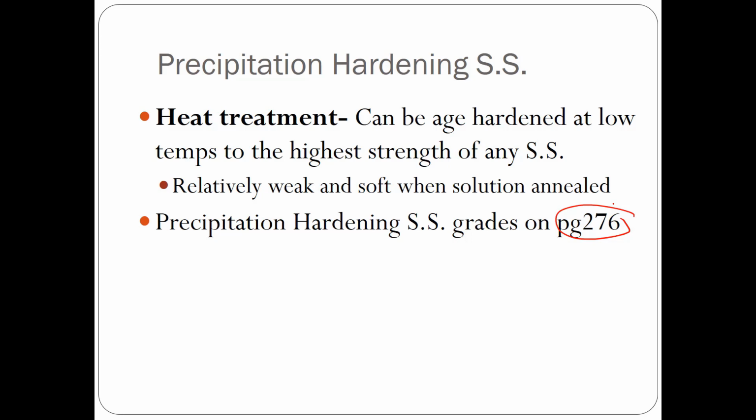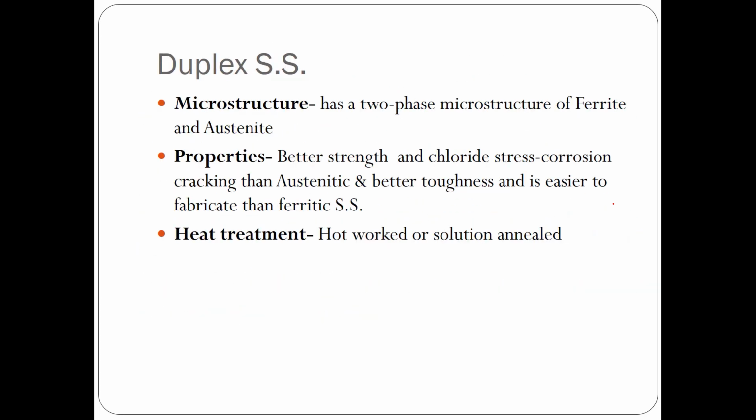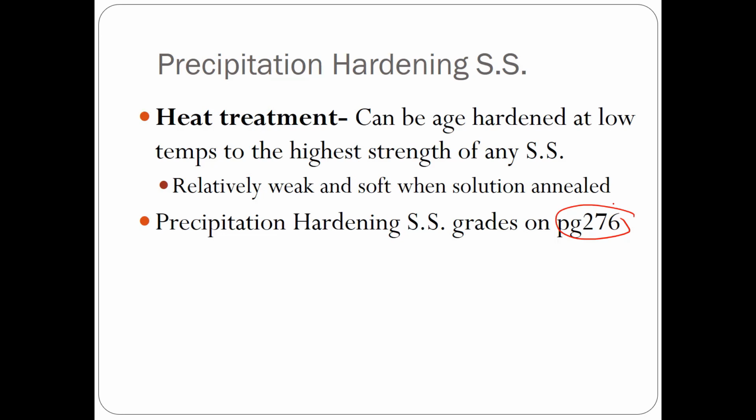So on those pages there, I would tab at least the beginning of them. You can find most of the rest of them there, but I will probably give you a stainless steel, like, I don't know, maybe a 440 or a 410 or 312 or something that you're going to find on one of those charts.